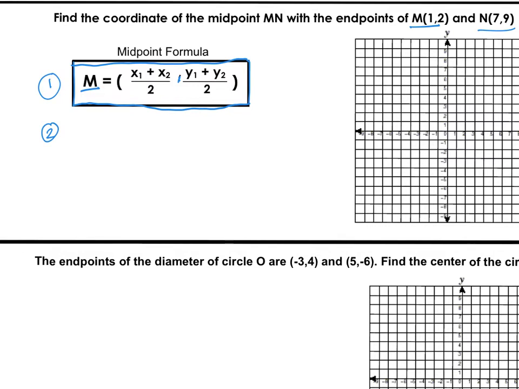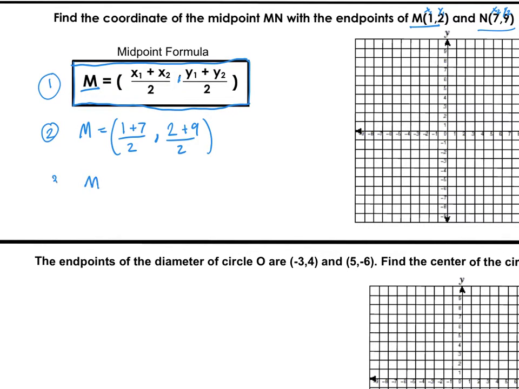So to plug in, I would write M is equal to x1 plus x2, which is 1 plus 7 divided by 2, comma, y1 plus y2 is 2 plus 9 divided by 2. That will be my midpoint. And if you're wondering where those numbers come from, that's x1, y1, and this is x2, y2. Remember, superstar students are going to label those every time.